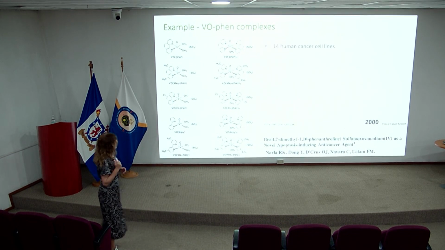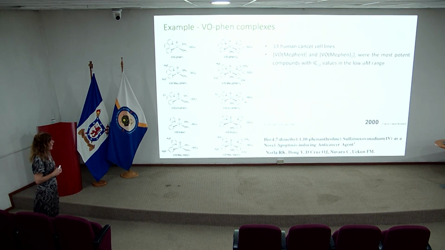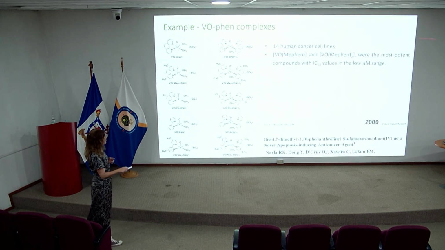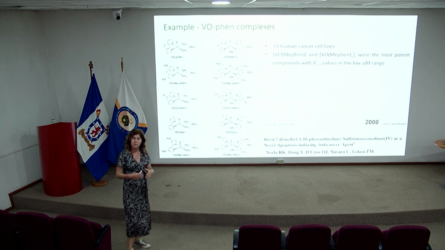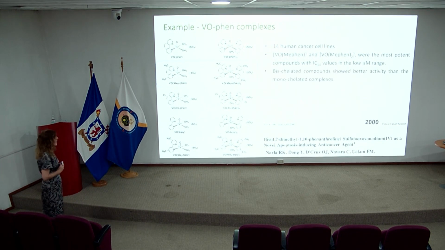Okay? These authors tested these 10 compounds in 14 human cancer lines. They identified these two as the most potent compounds with IC50 values in the low micromolar range.